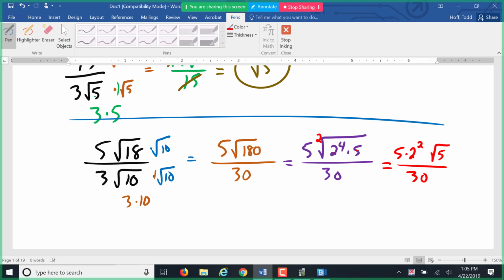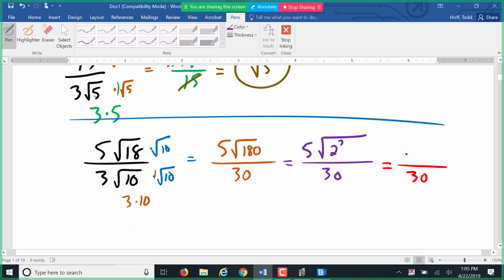No, I didn't. Let me back step a little bit. That's not 2 to the 4th power. It's 2 squared times 3 squared times 5. So the 2 squared comes out to make a 2. The 3 squared comes out to make a 3. I'm left with the square root of 5. 5 times 2 times 3 multiplies to make 30, which will divide out, giving me just the square root of 5.